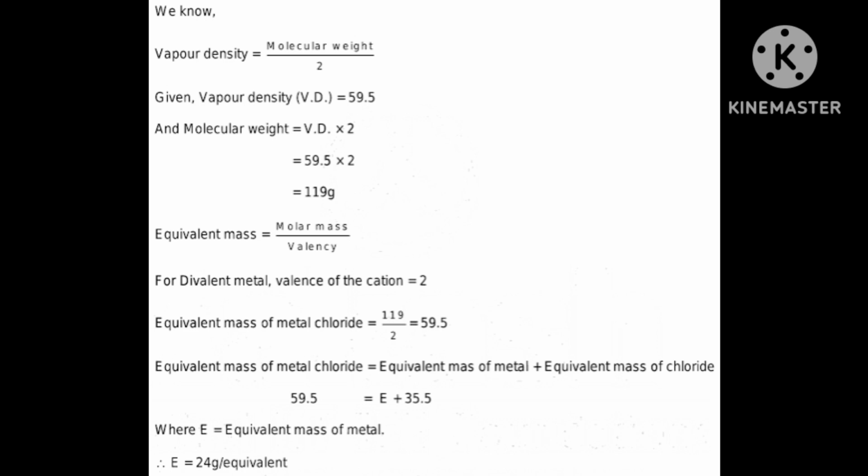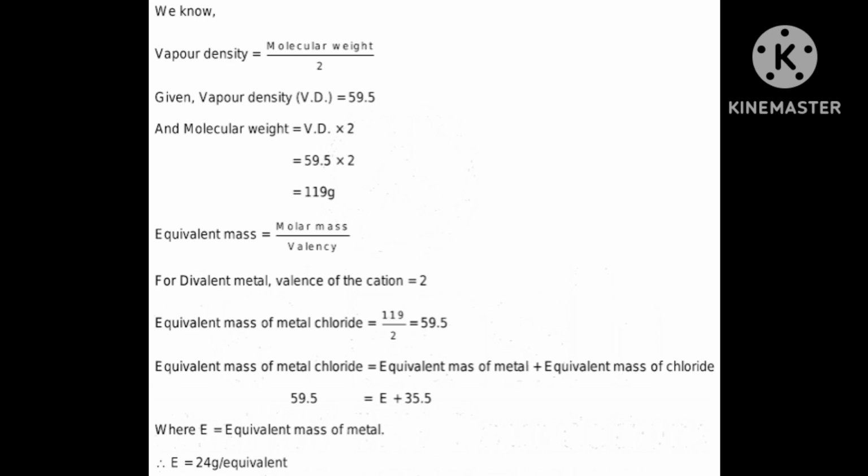Knowing the exact equivalent weight and approximate atomic weight, valency can be calculated, which is a whole number. And knowing the exact equivalent weight and valency, exact atomic weight can be calculated. In this relation you require the atomic weight to be approximate.